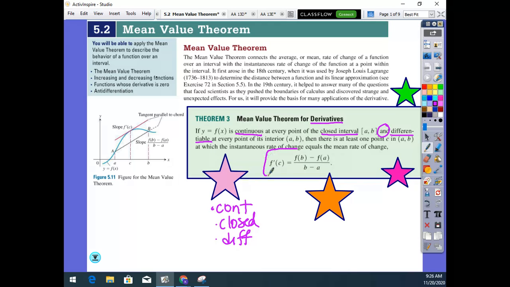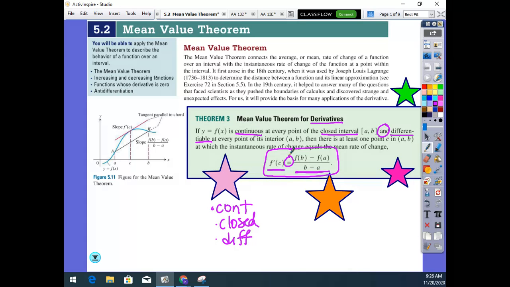If that is true, this equation applies. So what you have to understand is you'll have to find the derivative, you'll find the slope of 2 points, and then you will set them equal to each other.